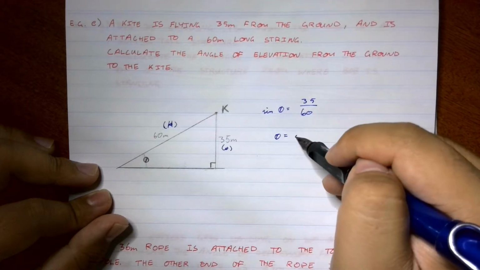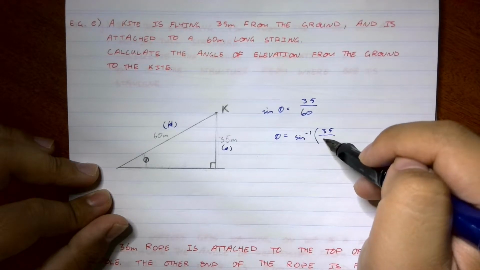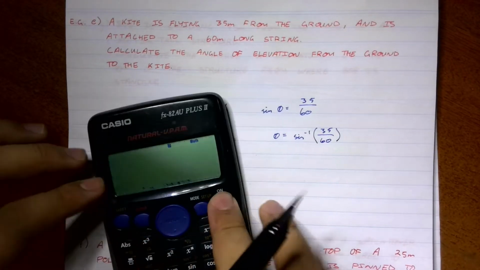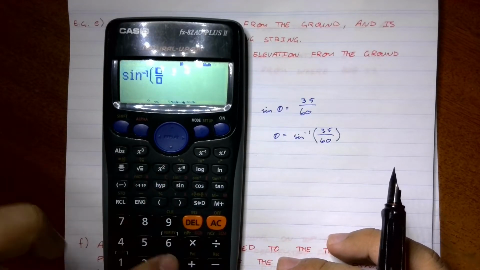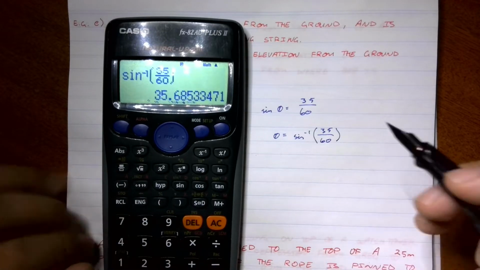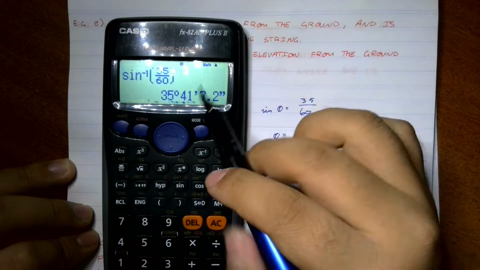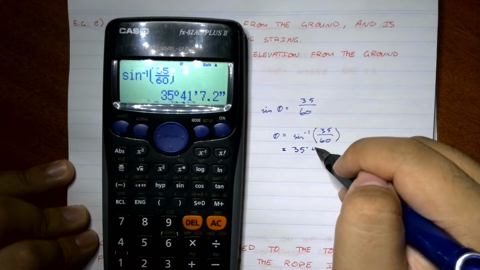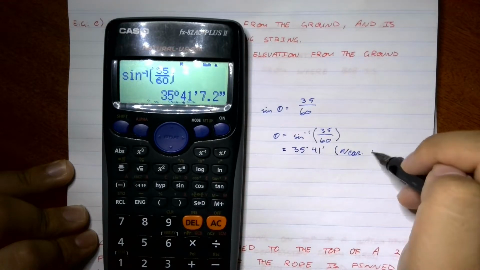Using our inverse, we get theta equals sine inverse of 35 over 60. Inputting this into our calculator, shift sine 35 over 60 gives us, to the nearest minute, which is where I'd like to always go, 35 degrees 41 minutes.